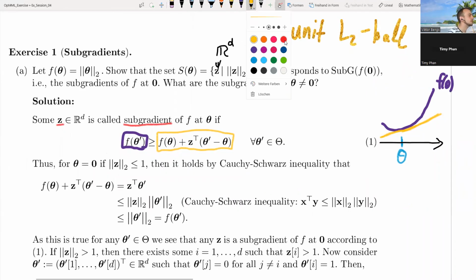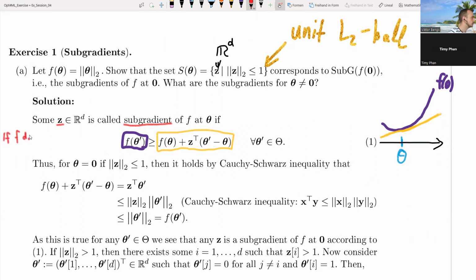Perhaps this is worth recalling. If f is differentiable, then z must be the gradient of f at the point theta.